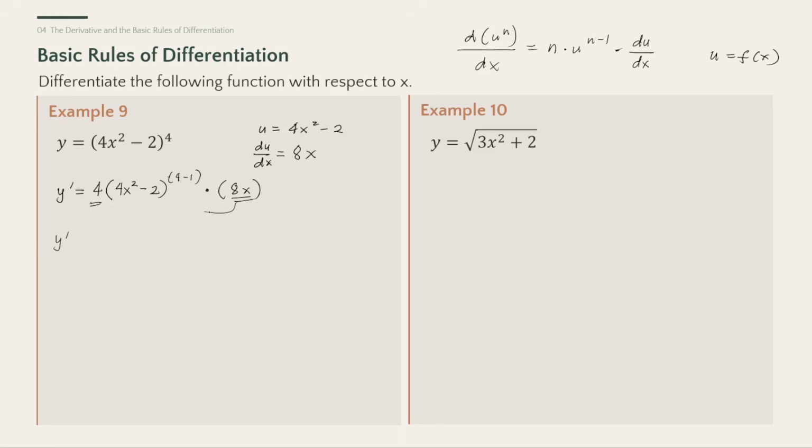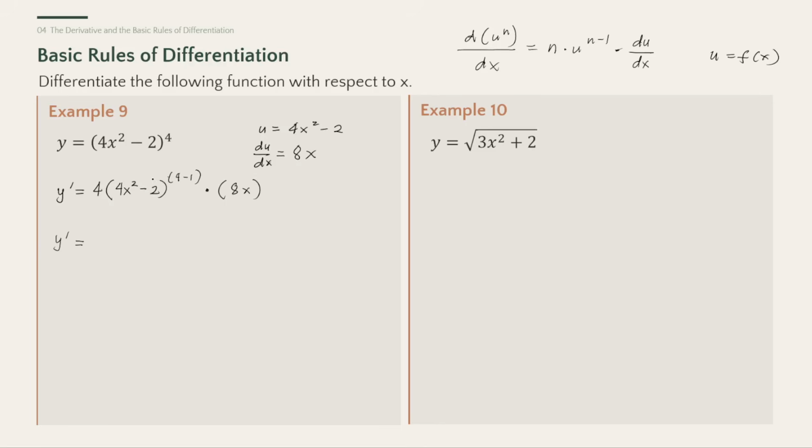We cannot multiply this 2 inside the quantity because it has an exponent of 3. If you want to combine all of this, you need to expand 4x squared minus 2 cubed. But that is not required because, take note, if we simplify, we just need to write the equation in an easier way.